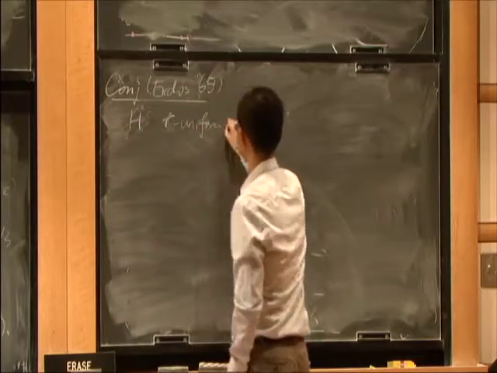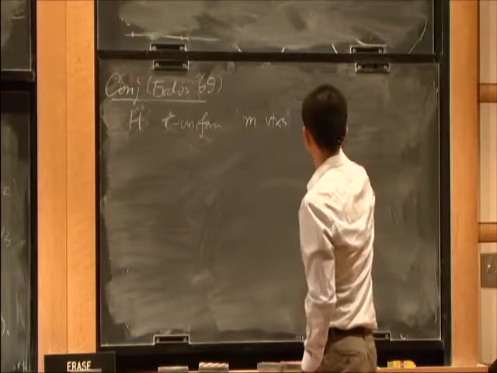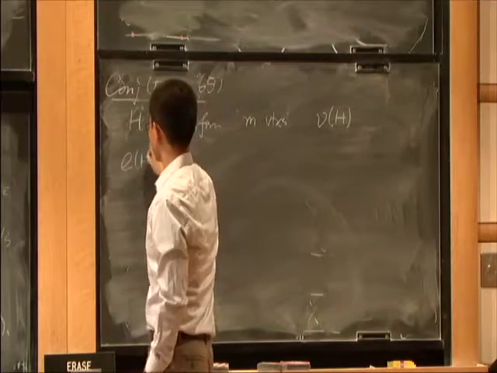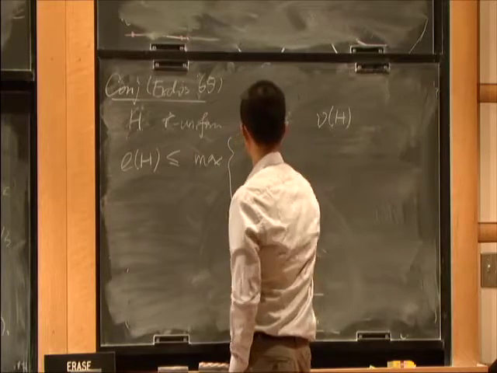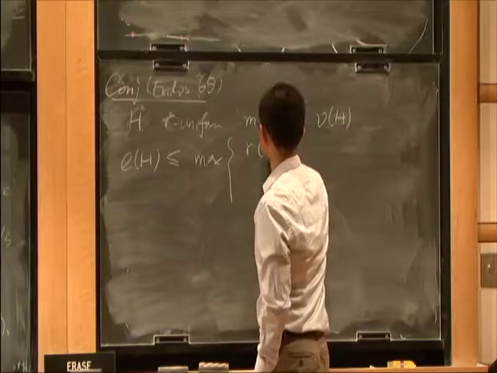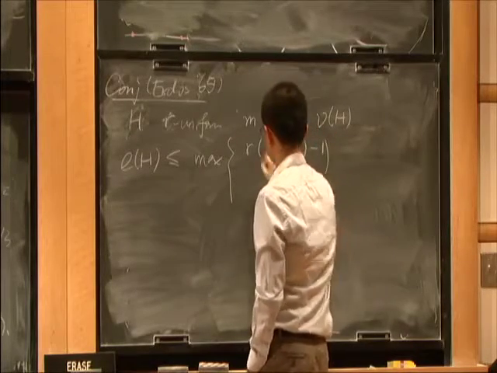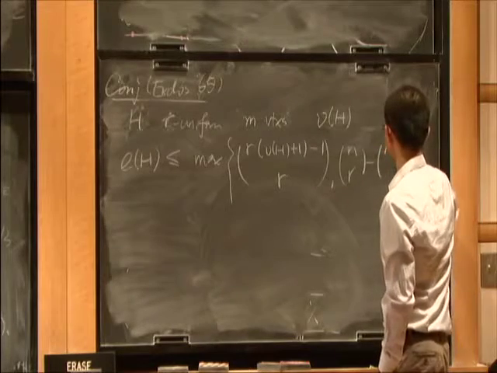So it's r uniform on m vertices, for example, and the matching number is nu of H. Then the number of edges is at most the maximum of r times nu of H plus 1 minus 1 choose r, and m choose r minus m minus nu of H choose r.